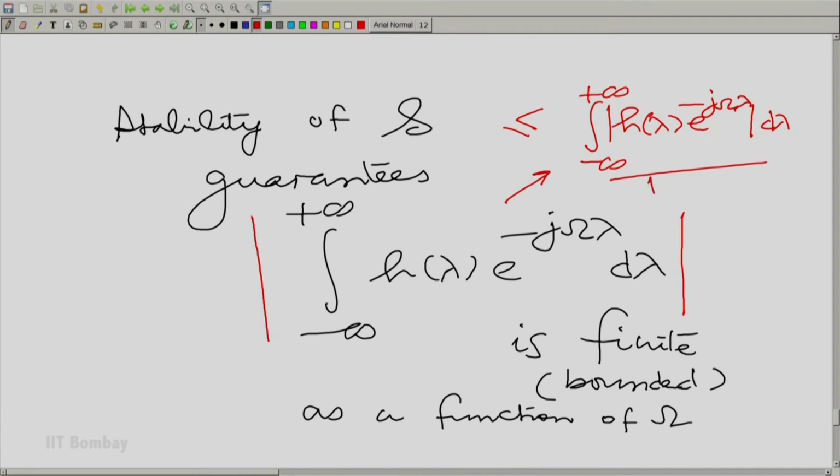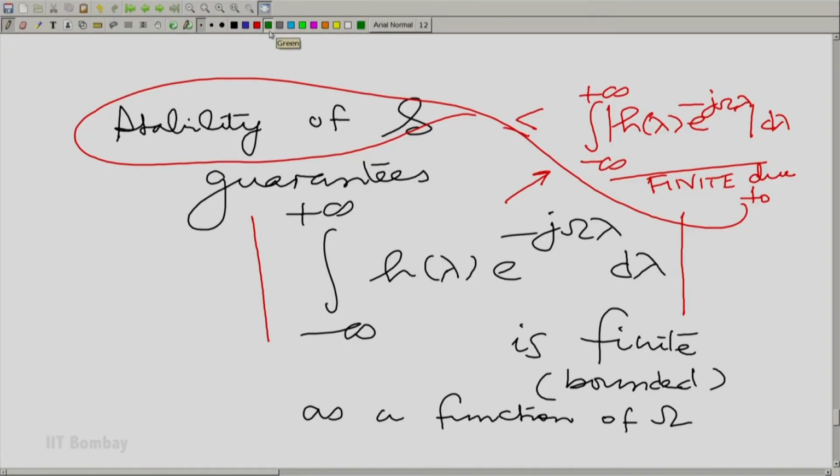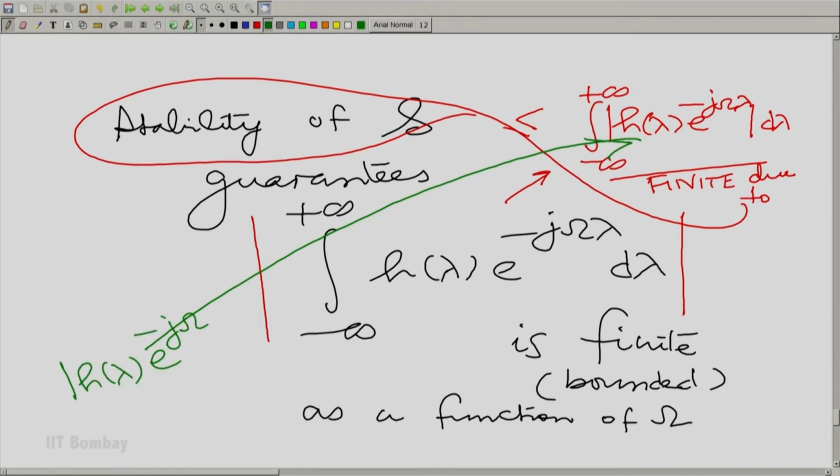And if we look at this expression, it has to be finite because of the stability of S. So, mod h(lambda) e raised to the power minus j omega lambda is the same as mod h(lambda).